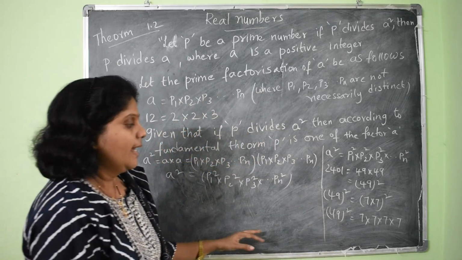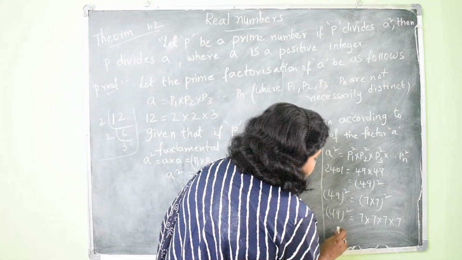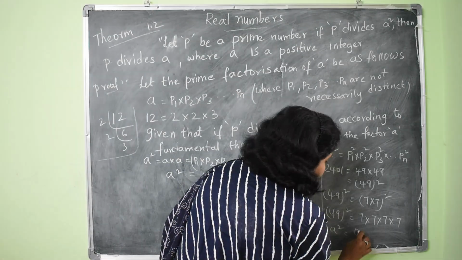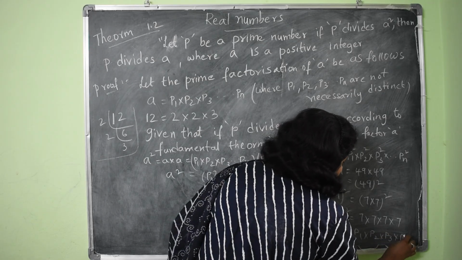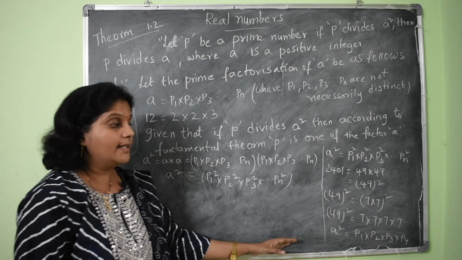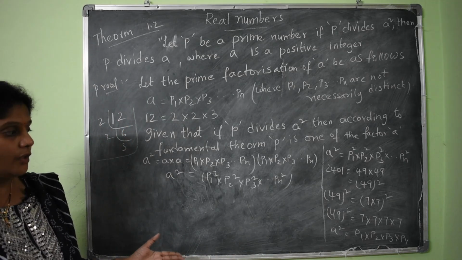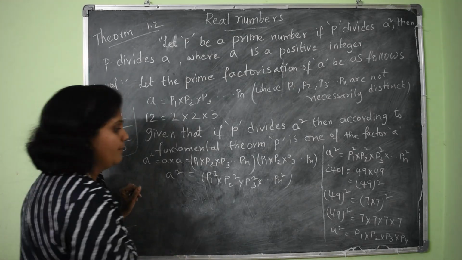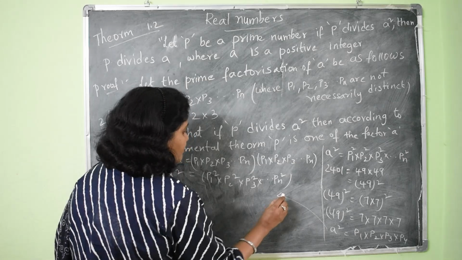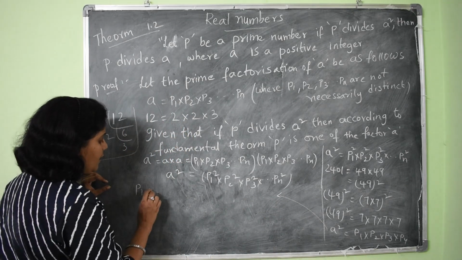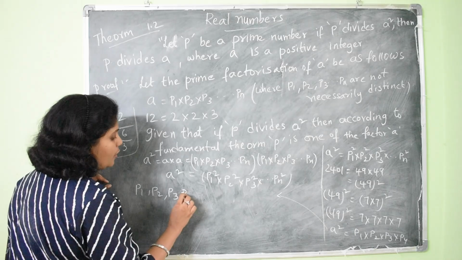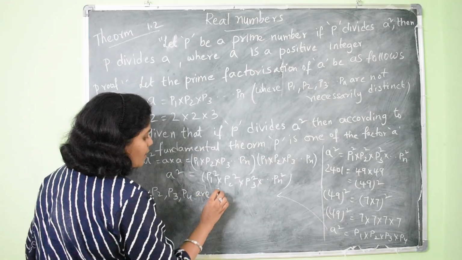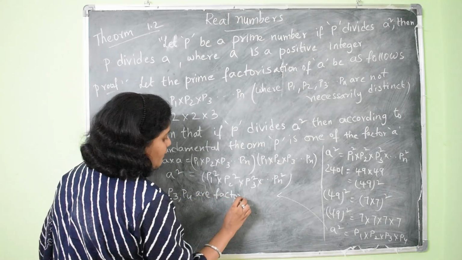So A square is in the form of P1 into P2 into P3 into P4. What can we tell from this? P1, P2, P3 are the factors of A square. From this we can say that P1, P2, P3 and P4 are the factors of A square.